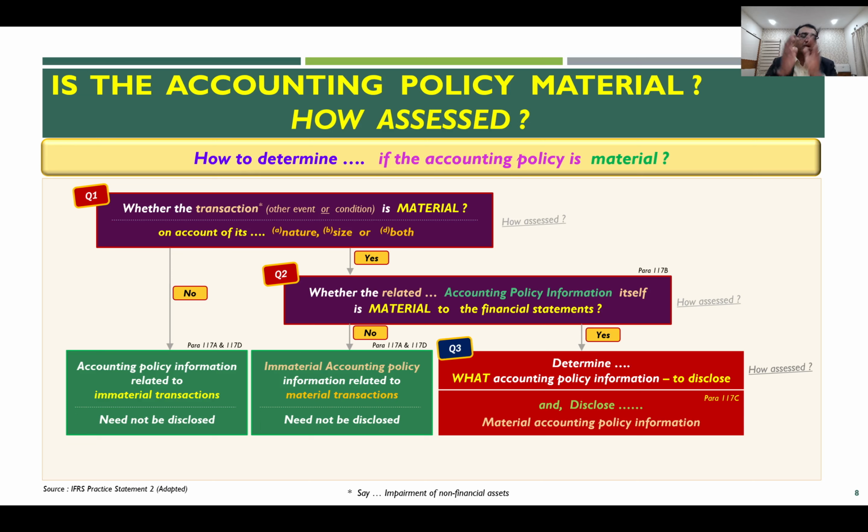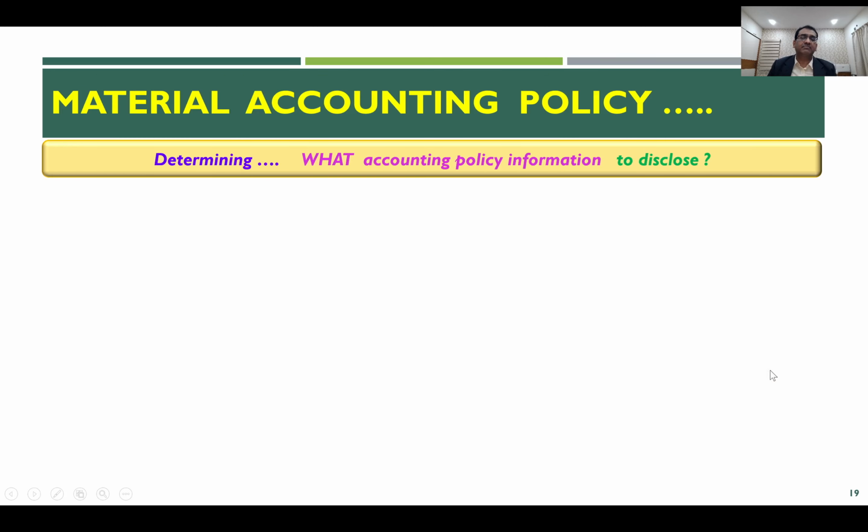That means out of the whole lot of accounting policies which you have, which of them is material and requires disclosure to be made. For that also, guidance is given on how you get an answer to the third question. That also is sought to be addressed by the standard. Let us see what guidance is given in the standard.